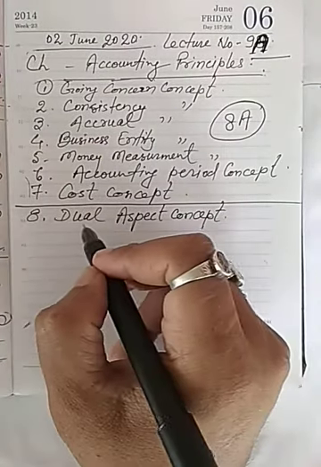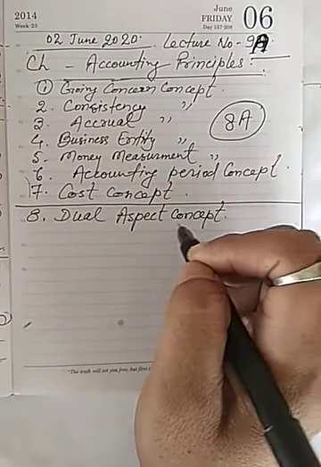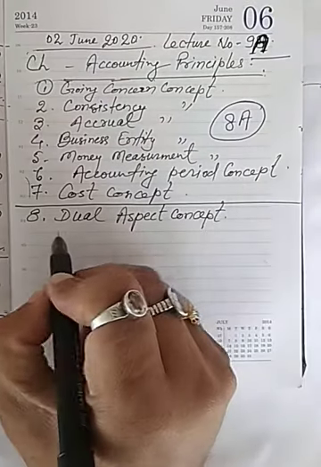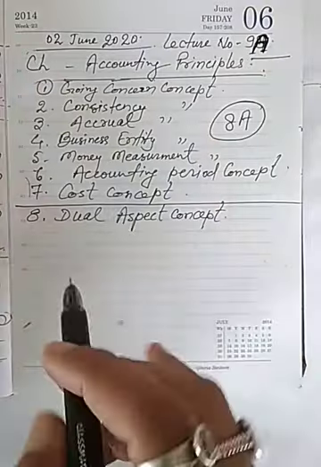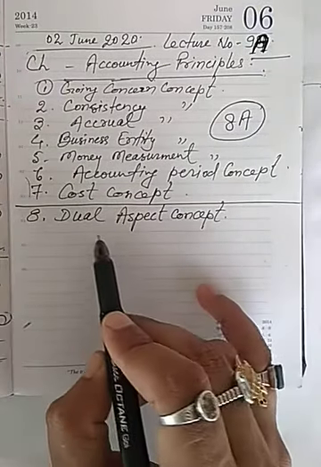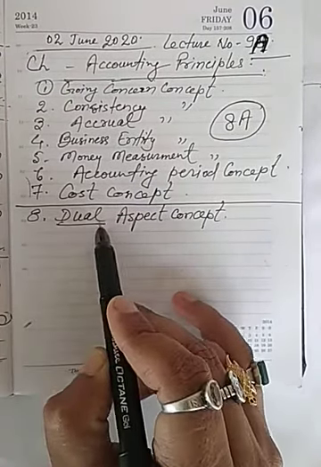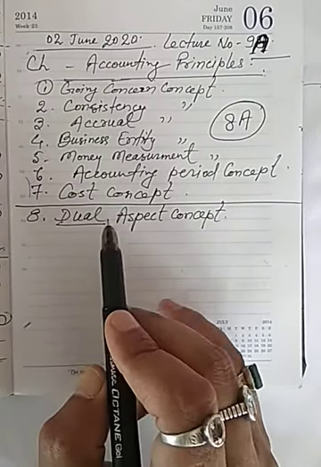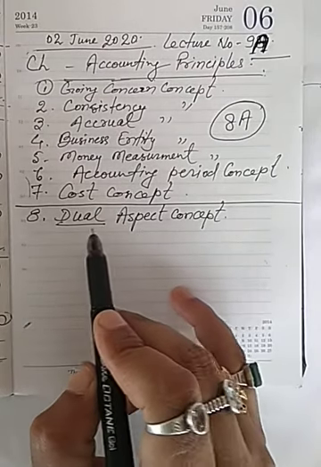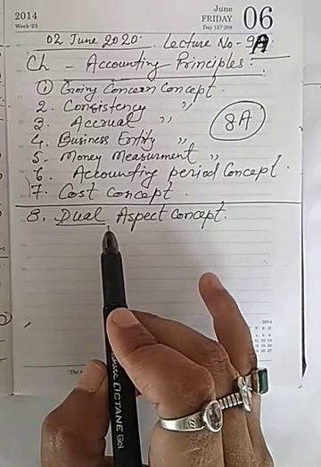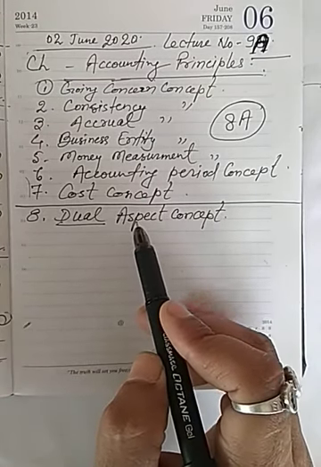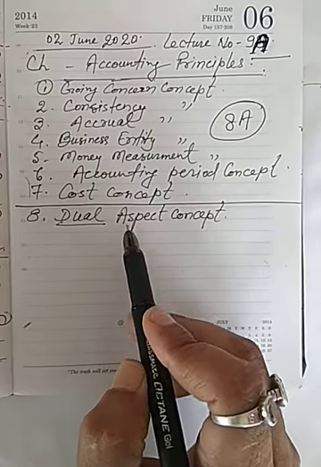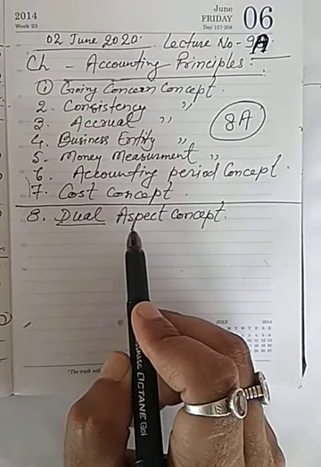According to this concept, every business transaction is recorded as having a dual aspect. In other words, every transaction affects at least two accounts. If one account is debited, any other account must be credited.